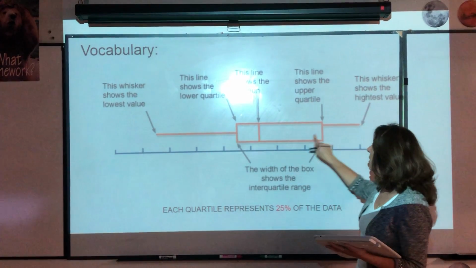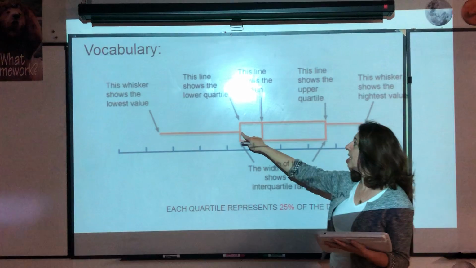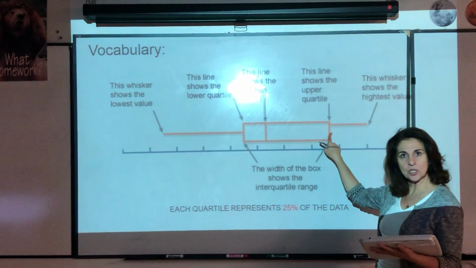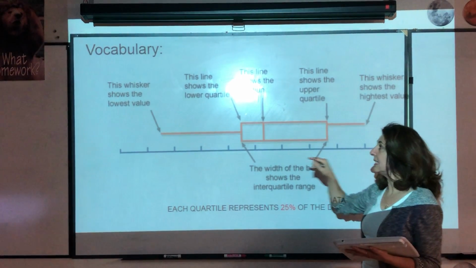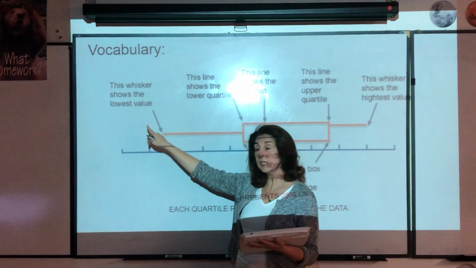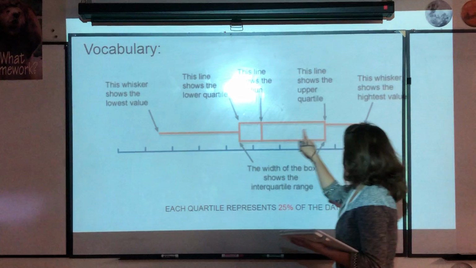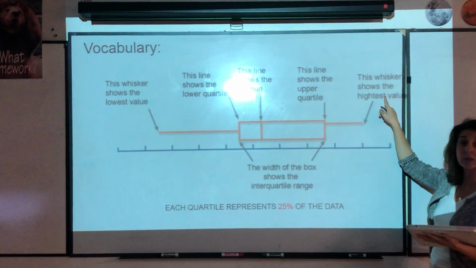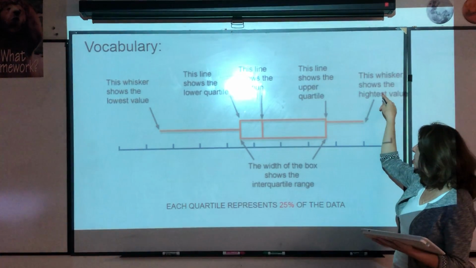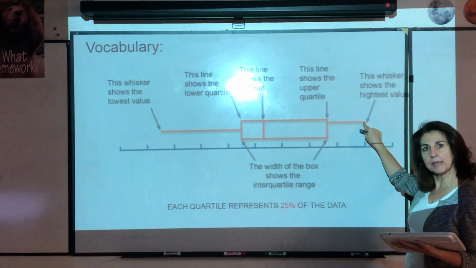One here, one here. So we have already 3 pieces of information here. Then what do we need? The lowest number in our set. We come and we mark it over here. The highest or the biggest number in our set as well. We come and we mark it here.